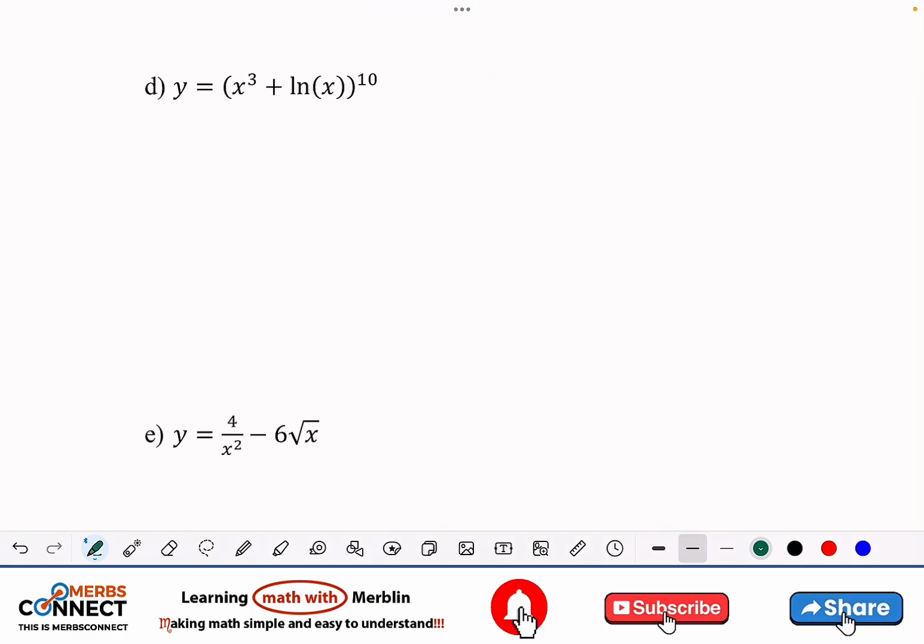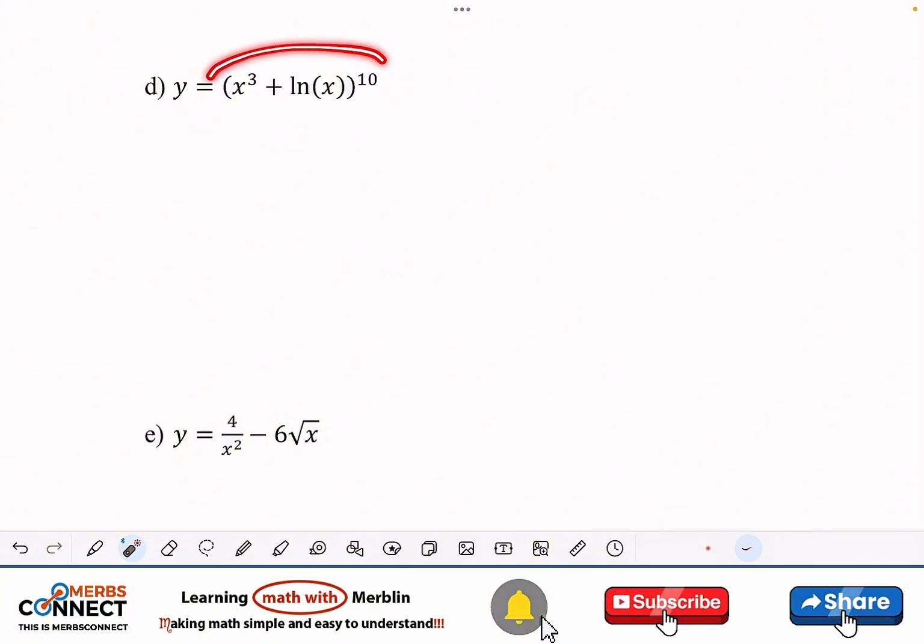Let's look at 5D. Now 5D here, we are going to use the chain rule, right? So let's do direct chain rule. This is going to give us y prime, now apply the power rule.